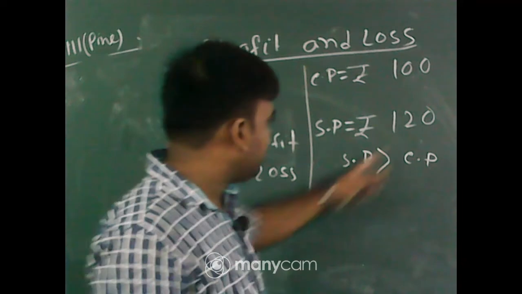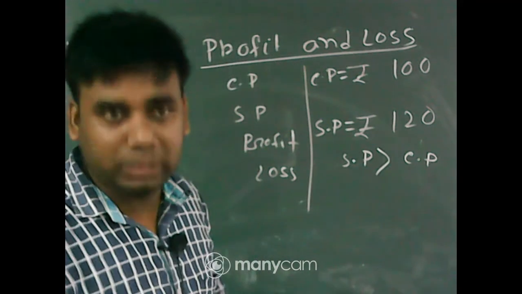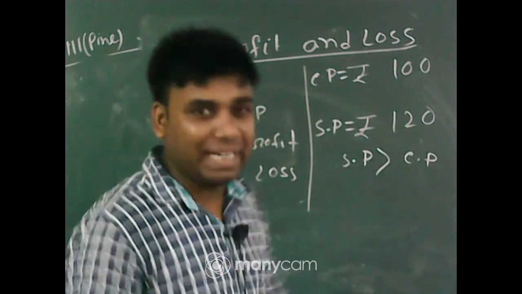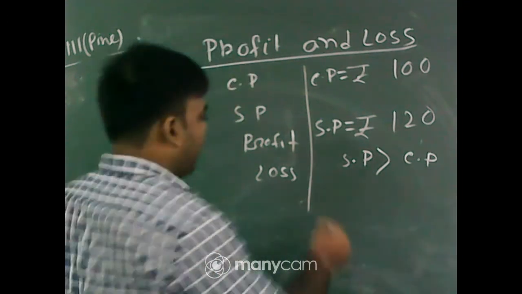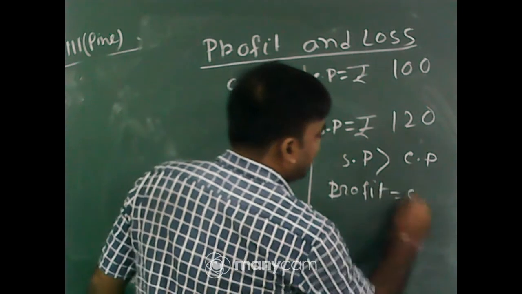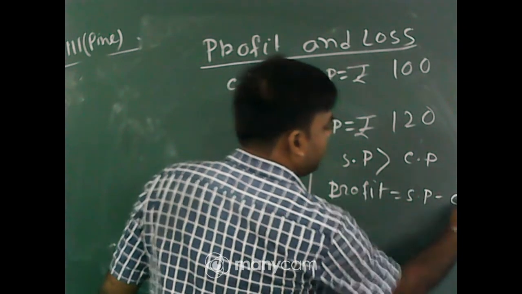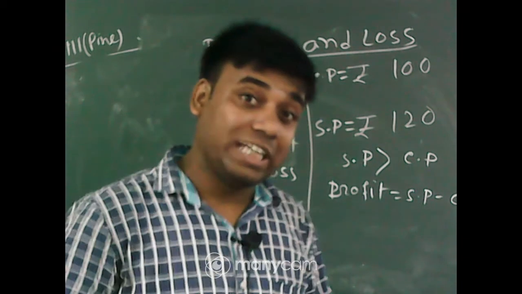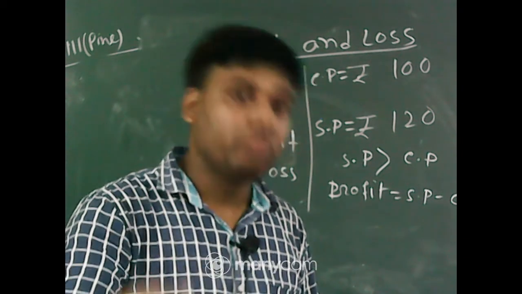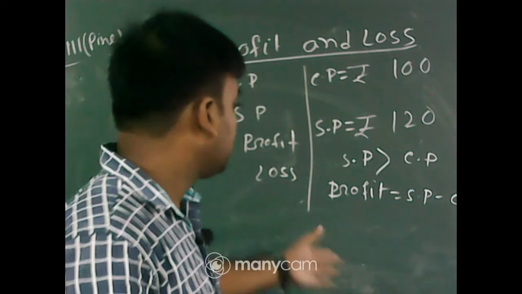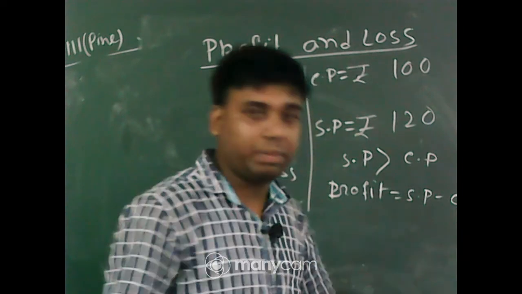SP means selling price, that is 120, and CP is 100. SP greater than CP means profit. The profit amount is profit equal to SP minus CP. Whenever SP is greater than CP, profit is acquired, and the amount of profit is calculated by the formula SP minus CP.